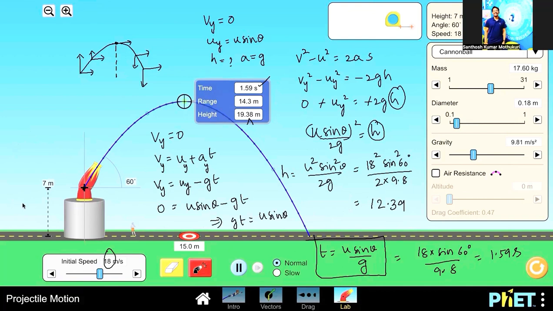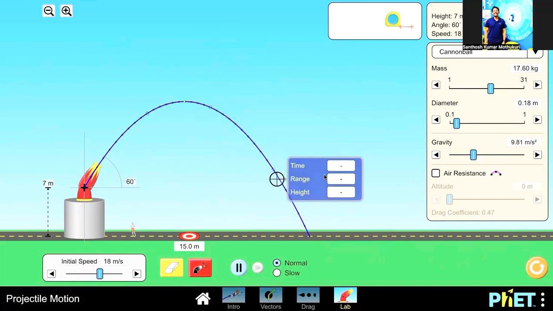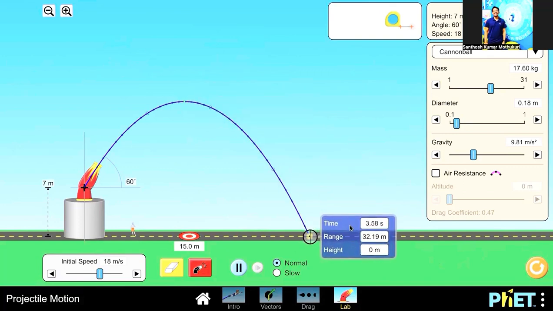Now let us try to understand what is the total time taken by this projectile to reach the ground. That means all the way from here to here. So it is 3.59 seconds and the range is 32.19 meters. Let us try to find this out. For this, we will be taking the vertical displacement as uy t minus half g t squared.